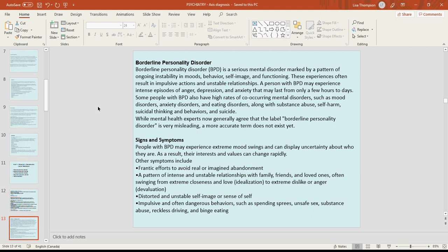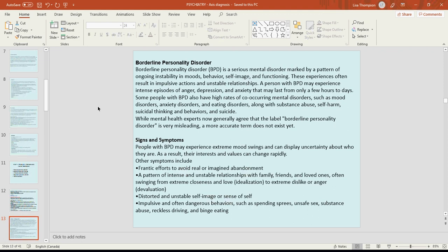A person with BPD may experience intense episodes of anger, depression, and anxiety that may last from only a few hours to days. Some people with BPD also have high rates of co-occurring mental disorders, such as mood disorders, anxiety disorders, and eating disorders, along with substance abuse, self-harm, suicidal thinking and behaviors, and suicide.